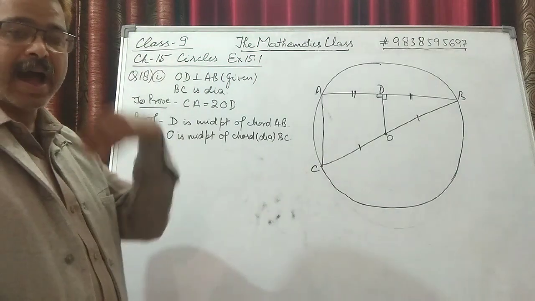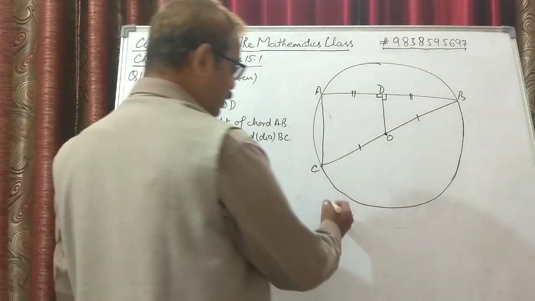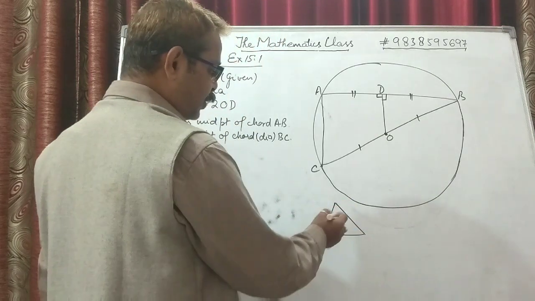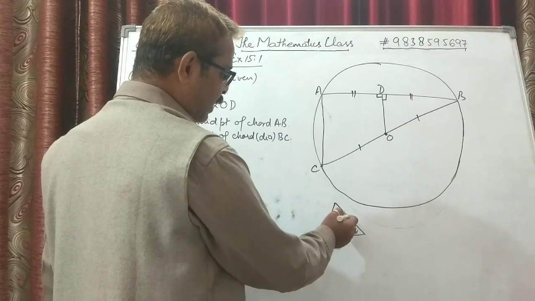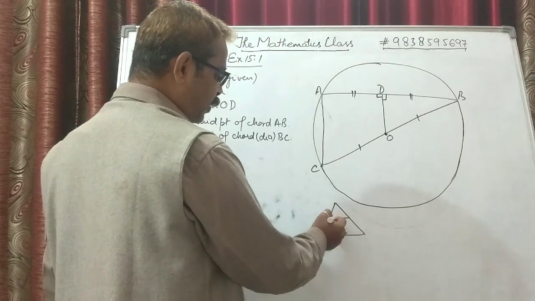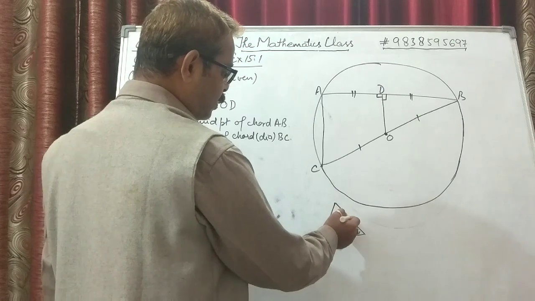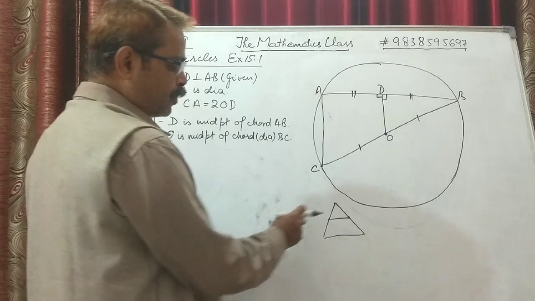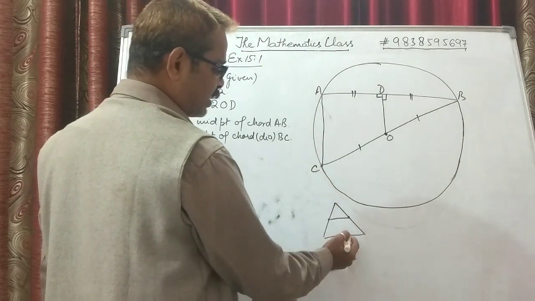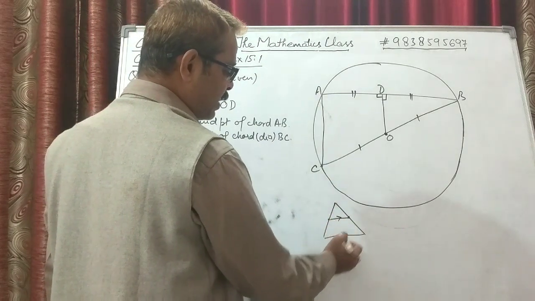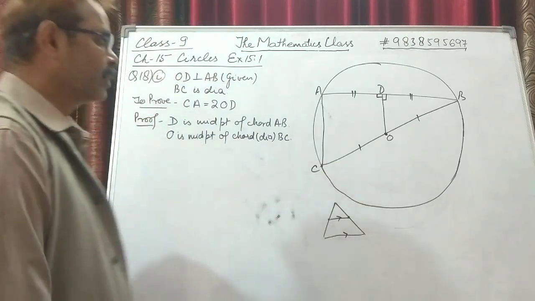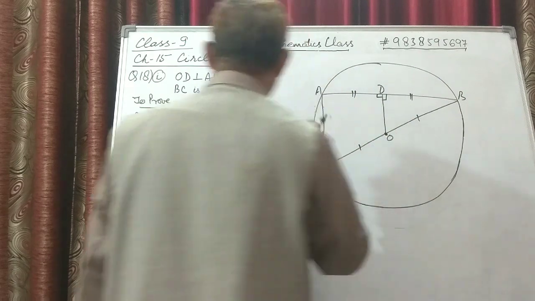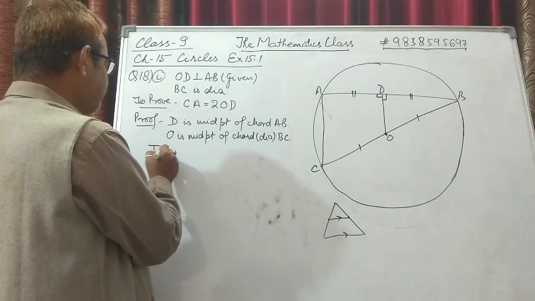Now we move back and we remember that we have studied in intercept theorem and midpoint theorem that if in a triangle a line joins midpoints of 2 sides of a triangle, then it is parallel to the third side and half of the third side. So if you consider triangle BAC, what we can say?